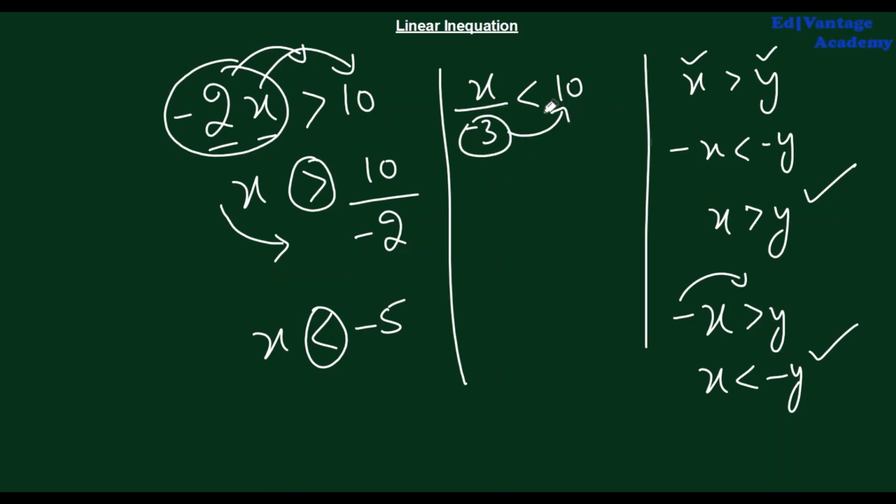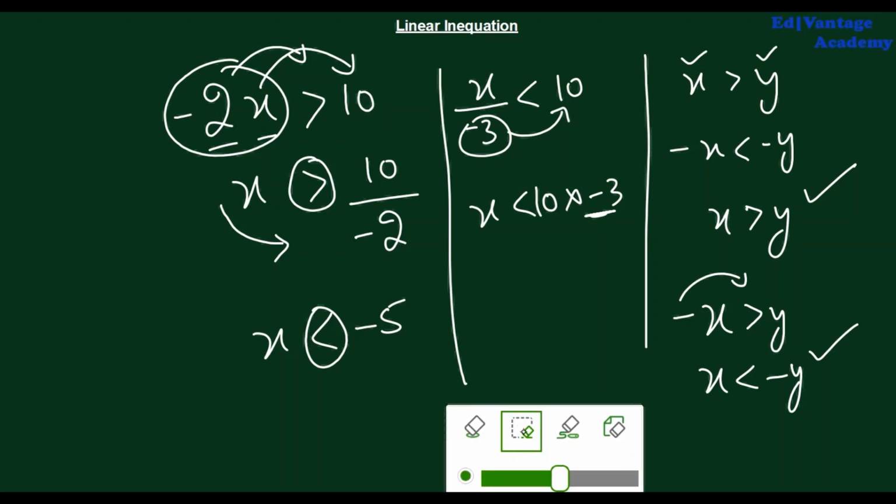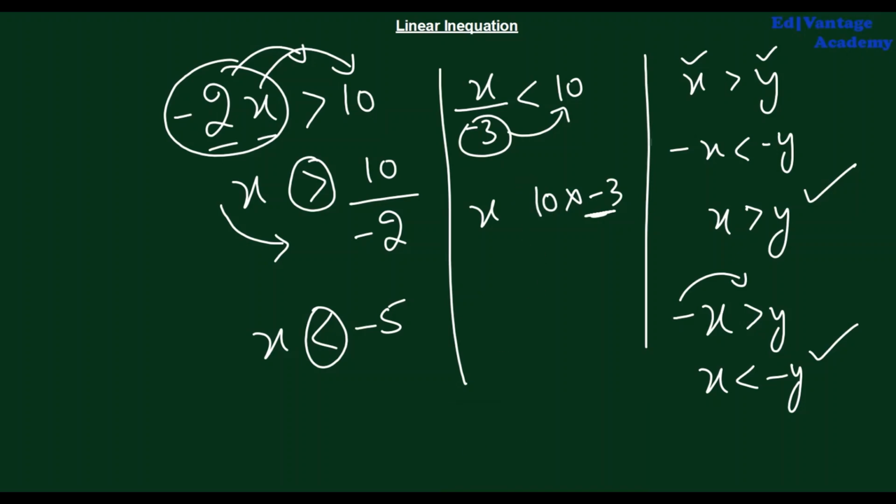It's in division, it will go in multiplication. That we have learned in linear equation. And you are multiplying here by a negative number, right? This symbol I have to erase, and I'll say the symbol has to reverse. It is x is greater than minus 30.